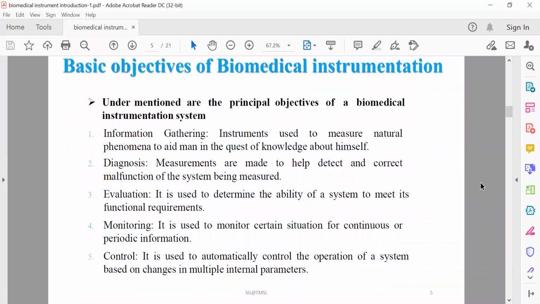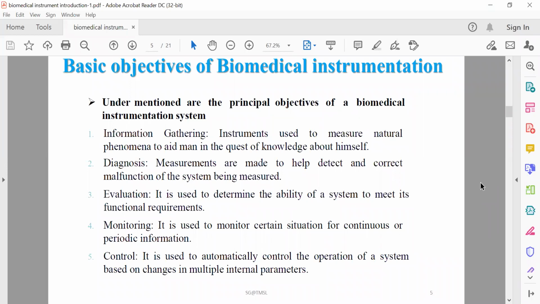Next are the basic objectives of biomedical instrumentation. The first one is information gathering. Basically, instrumentation is used to measure natural phenomena and other variables to aid man in his research or in his search for knowledge about himself as well as the universe in which he lives.